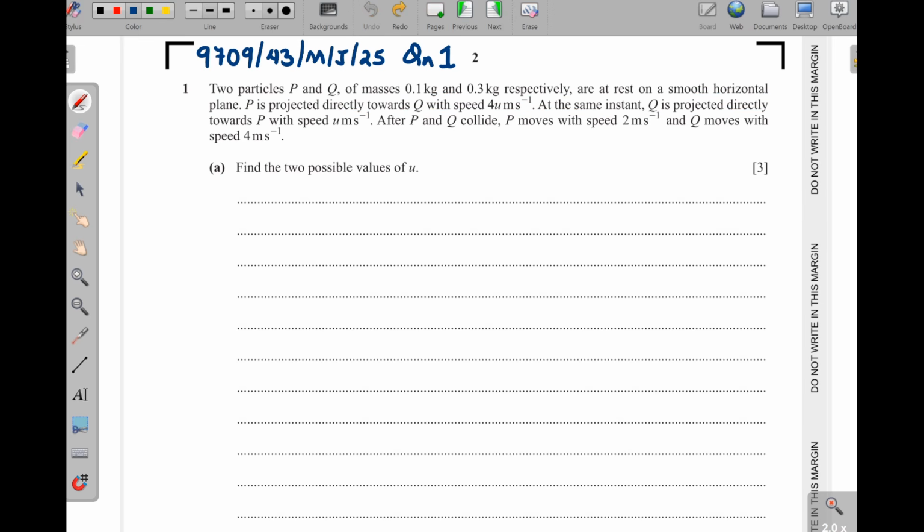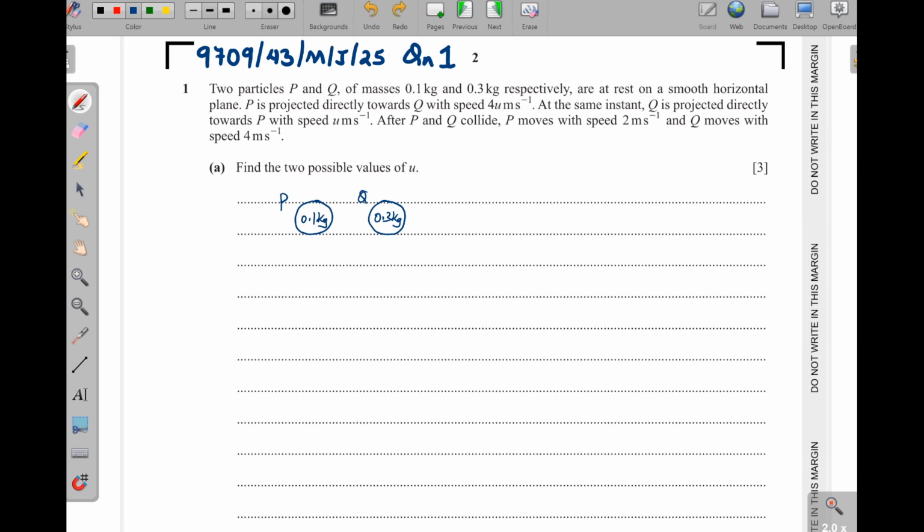Okay, now we have our two particles here. This is P, 0.1 kilograms, this is Q, 0.3 kilograms. They are lying on this horizontal plane.